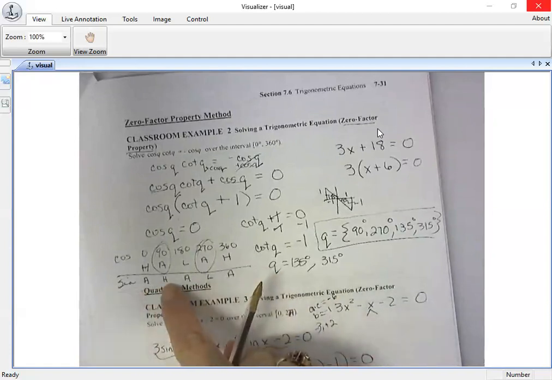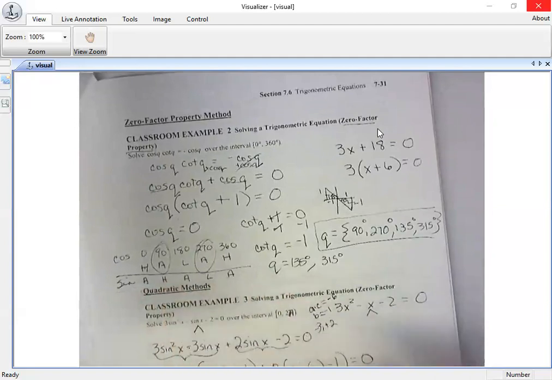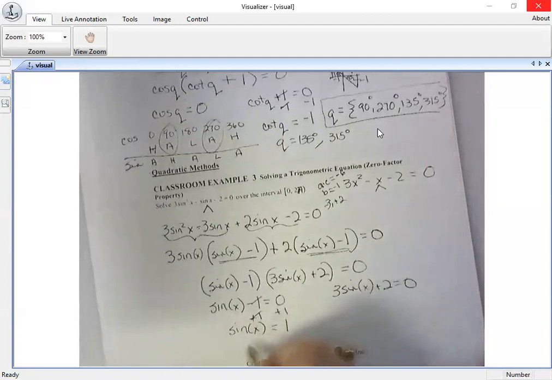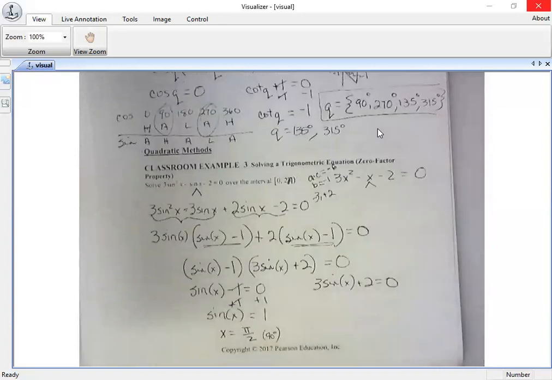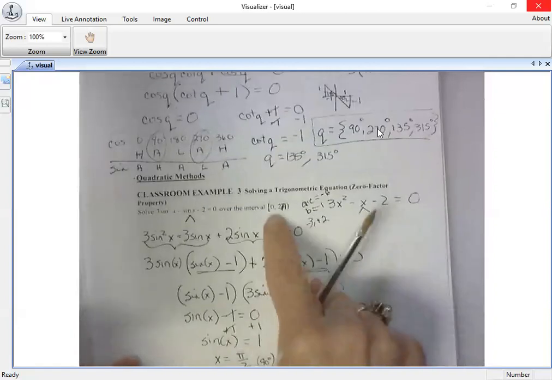Okay, 90, which because we're going to be using radians, that's going to be pi over 2. Okay? And that's the only place, right? Because we're using a unit circle to see that. There's only one place that it's going to have a value of 1 in that interval.